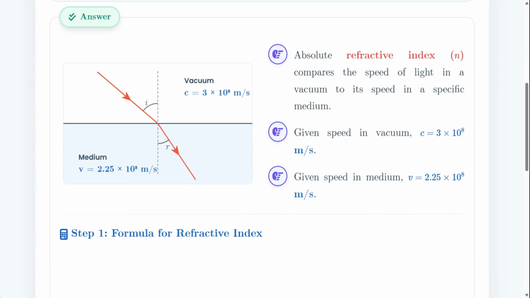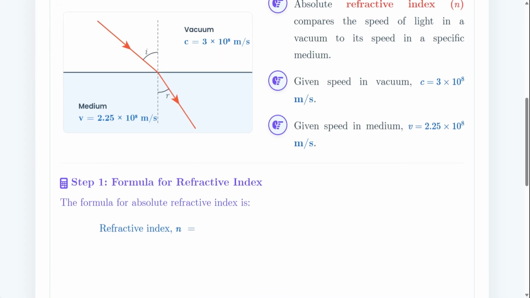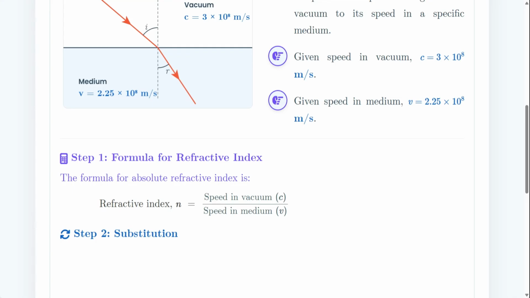Step 1. The formula. We know that the refractive index n is equal to c by v. Step 2. Substitution.